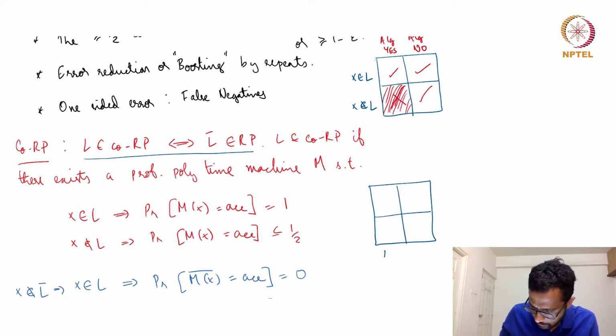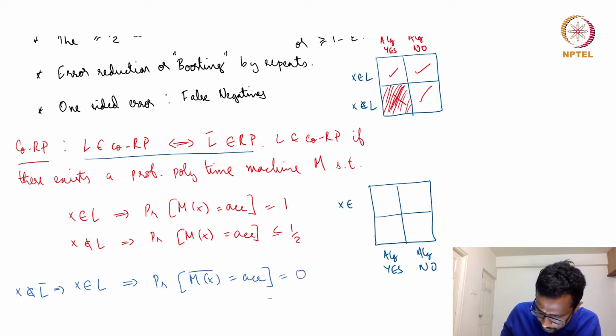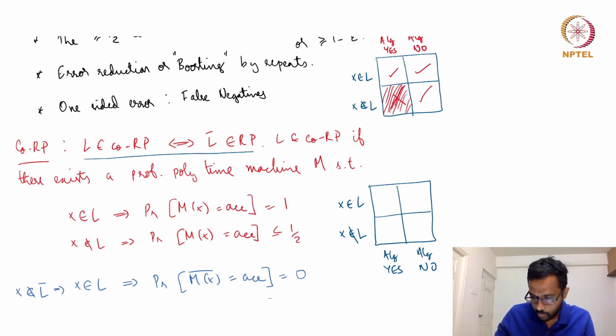So here it is: algorithm outputs yes, algorithm outputs no, X is in the language and X is not in the language. Whenever X is in the language, it will always accept.